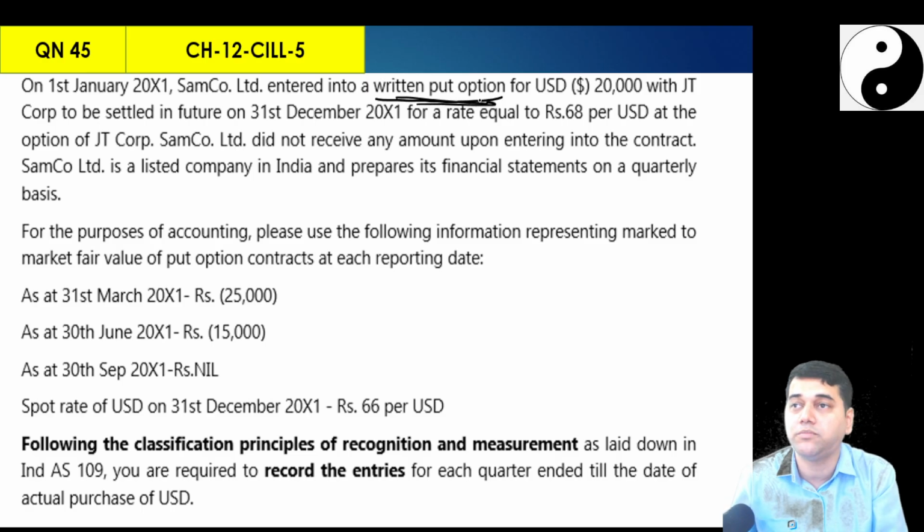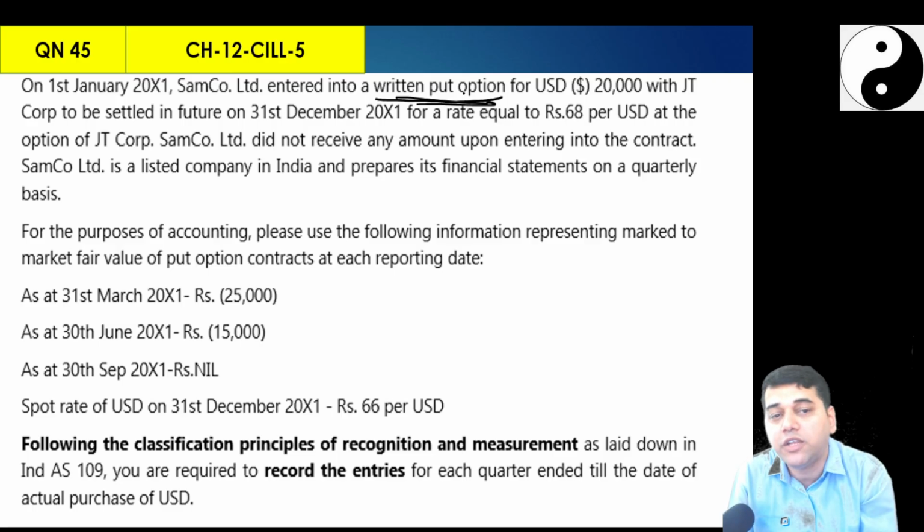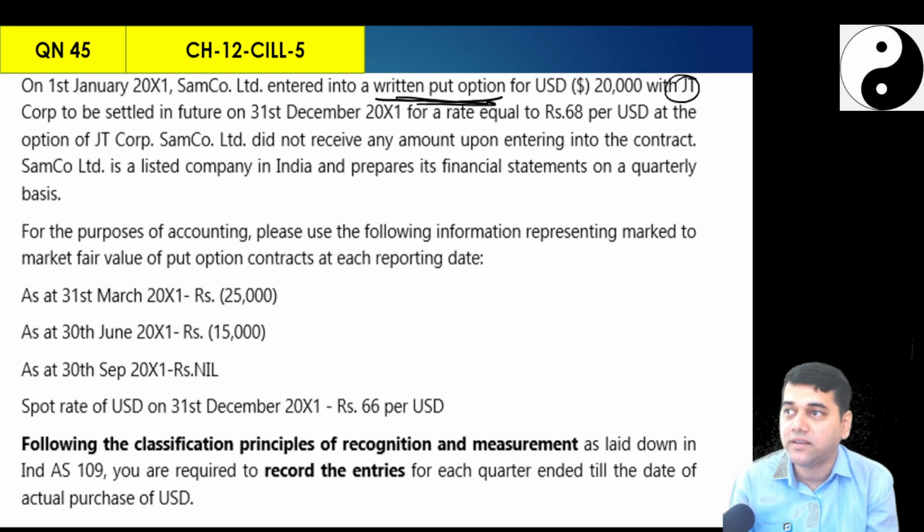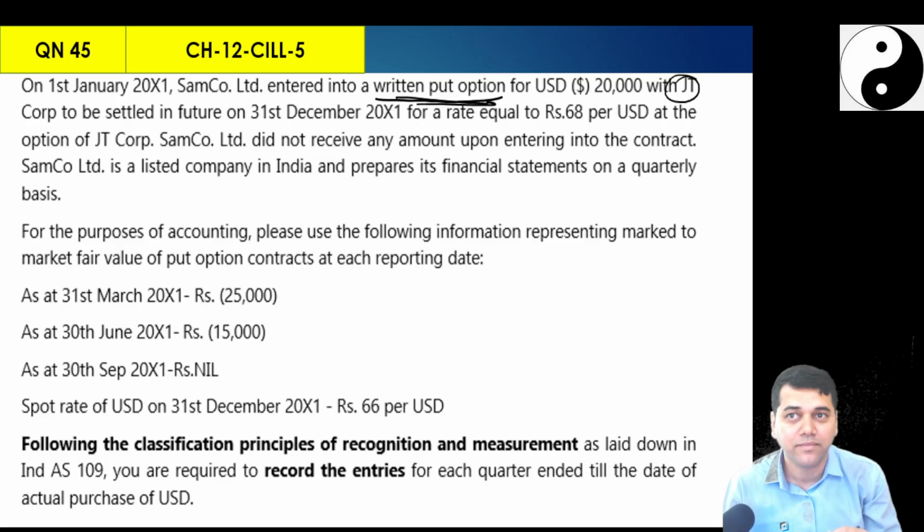Return put option means you have given one put option to JT Corporation. JT will sell to you, or he may not sell, because it's an option. You are the writer. The writer has an obligation to buy whenever the holder wants to sell.